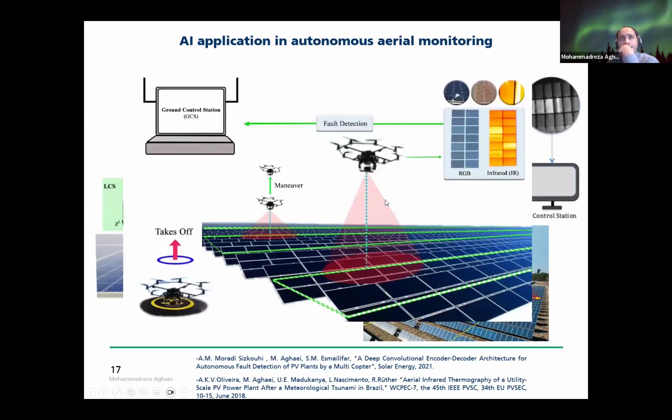And we have developed several methods in order to detect the failures autonomously and do the analysis and post-processing in semi-real time.